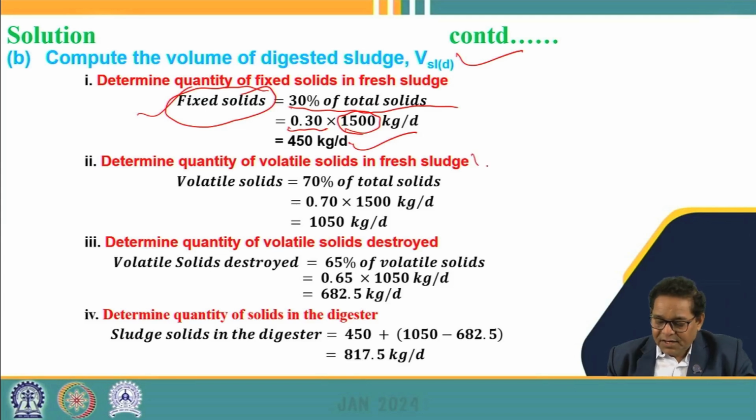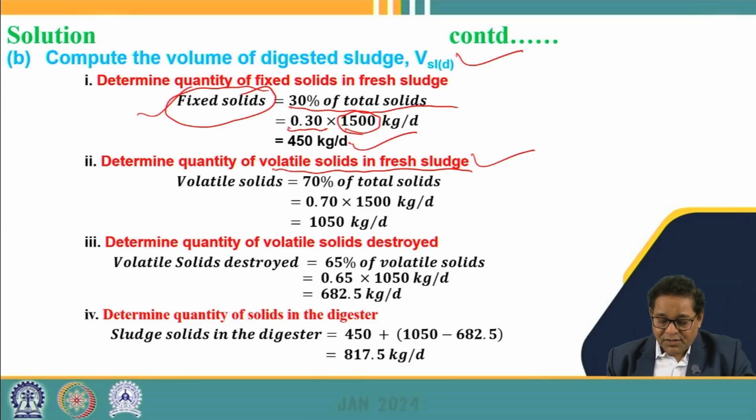And then similarly, let us see how much volatile solids will be generated, because the digested solids will be equal to the fixed solids plus volatile solids. The summation of these two will give us the total amount of solids remaining in the digested sludge.